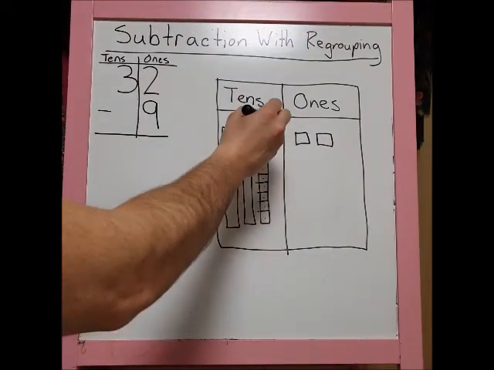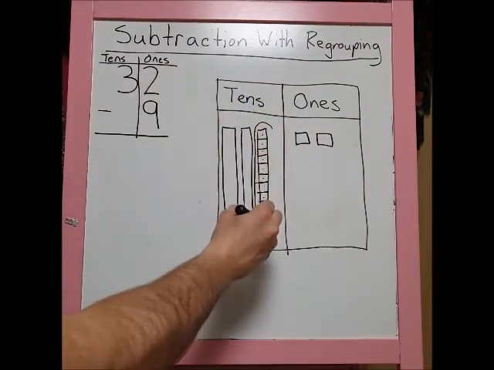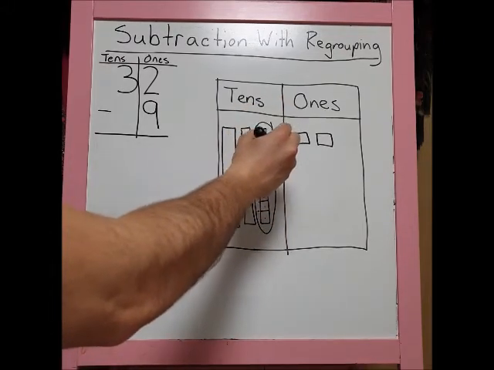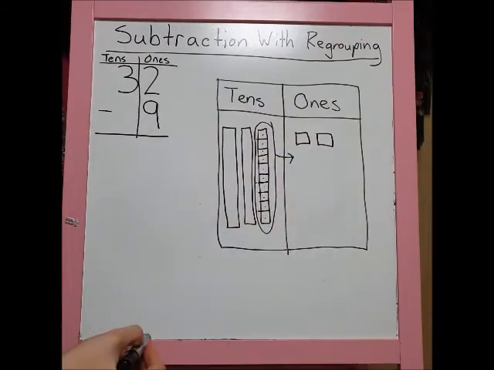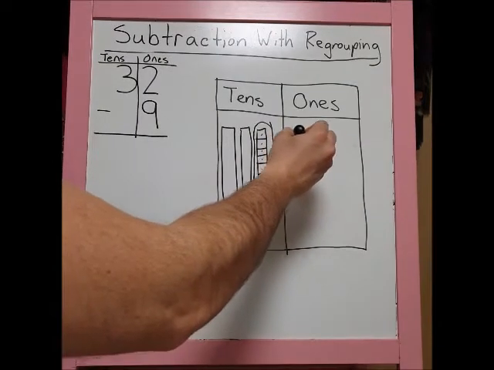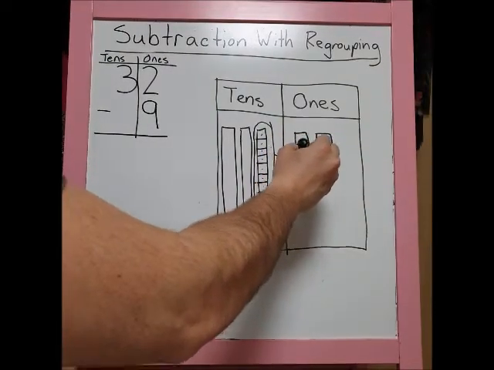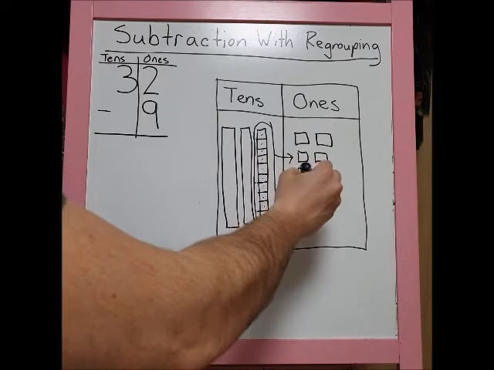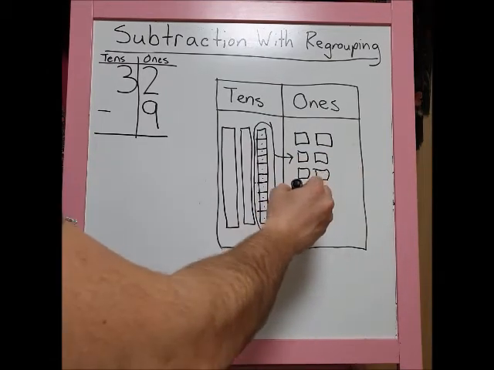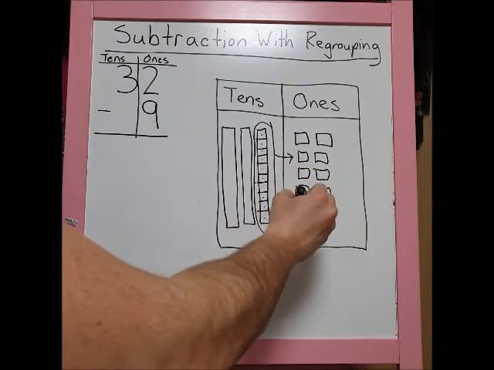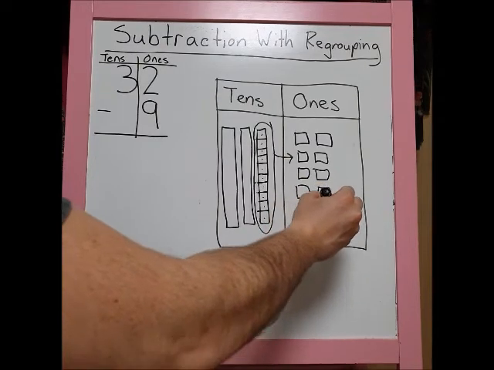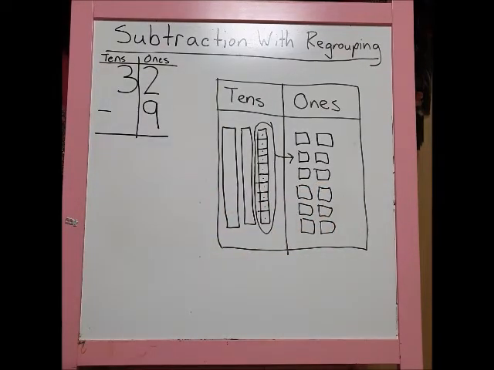So I'm going to take this whole group here and move it over here. So now I can put 1, 2, 3, 4, 5, 6, 7, 8, 9, 10 more ones over there.